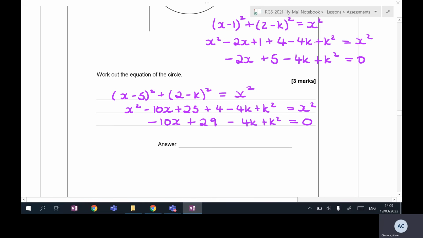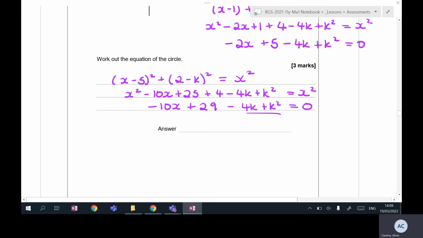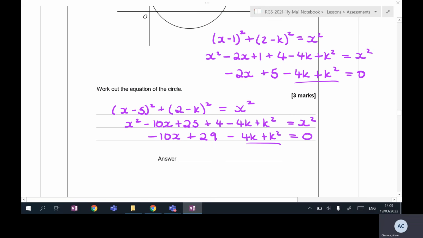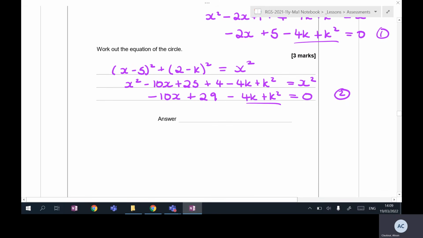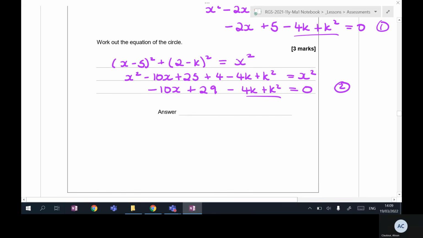Okay, so it looks quite complicated, but obviously because you've got the same terms here, I'm going to call this equation 1 and this equation 2. I can actually just subtract both of those. So if I do equation 1 take away equation 2, minus 2x minus minus 10x gives me 8x.